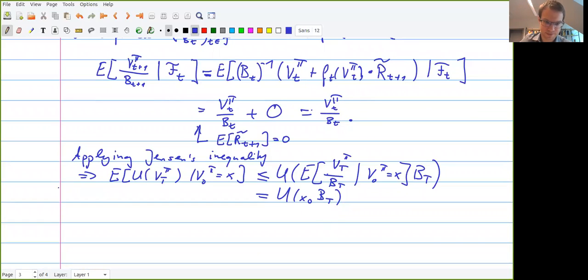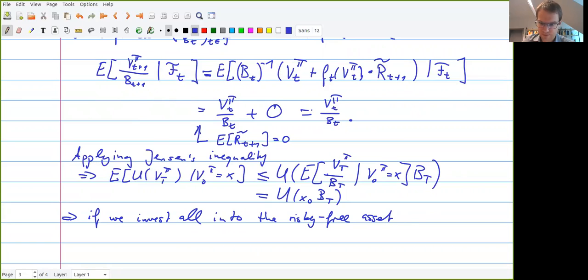So what you see here is, if we invest all into the risk-free asset, e.g. I choose all the f stars to be 0 for all t from 0 up to time t minus 1, we actually get that this upper bound is attained.